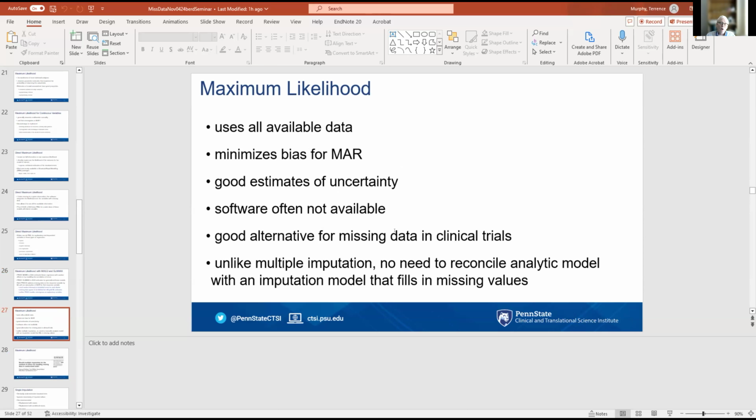And unlike multiple imputation, which we're about to start addressing, it doesn't involve a second model that generates missing data. So there's no need to worry, does my analytic model agree, does it comply and play nicely with the imputation model that's used in multiple imputation?